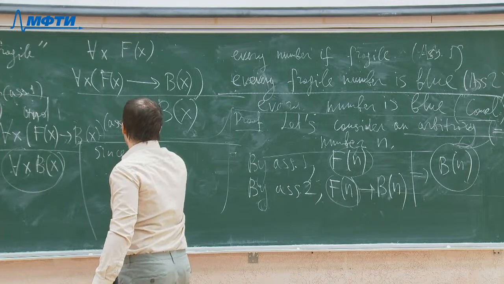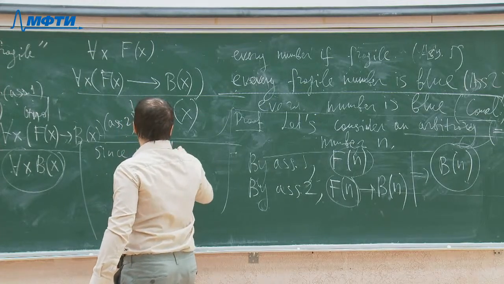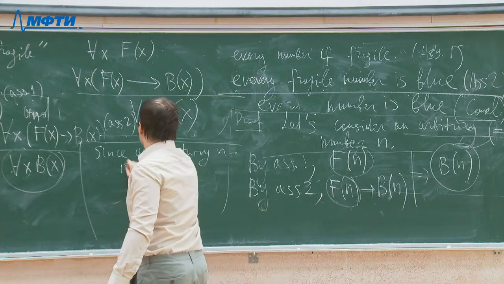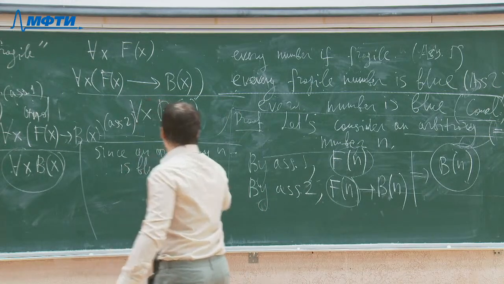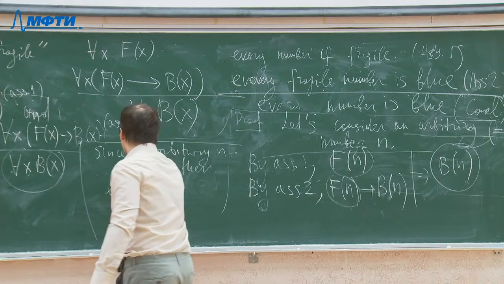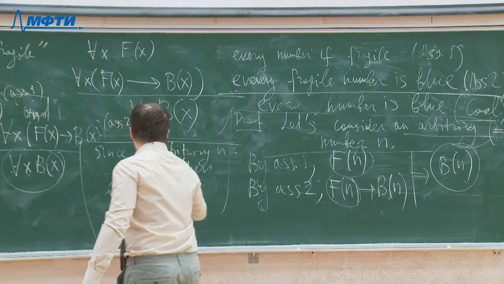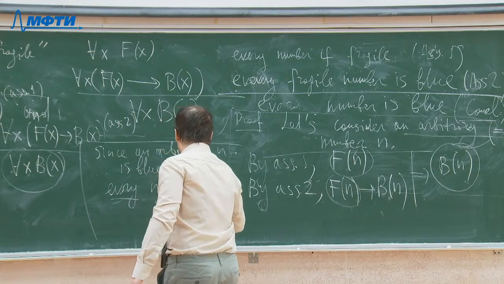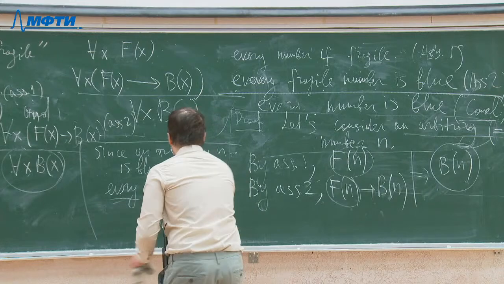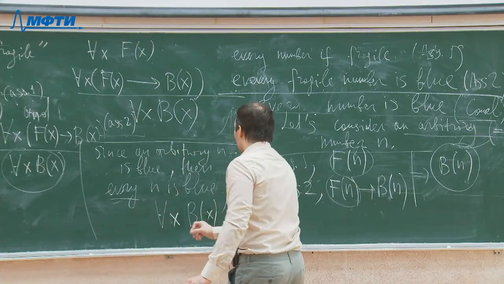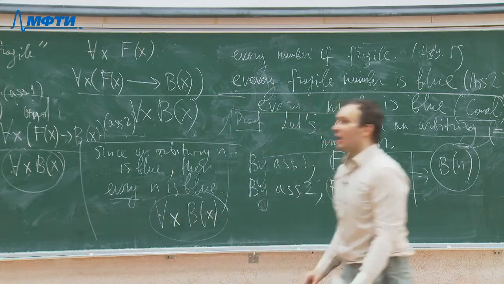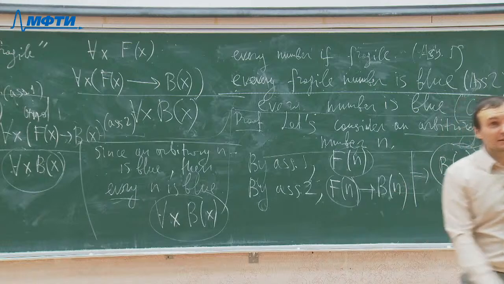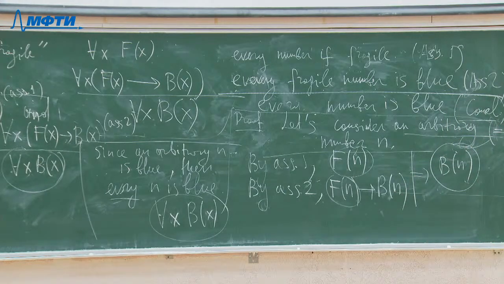Since an arbitrary n is blue, then every n is blue. So that for each n, for each x, it doesn't matter how I call it, n or x, for each x, p of x. Is it clear?